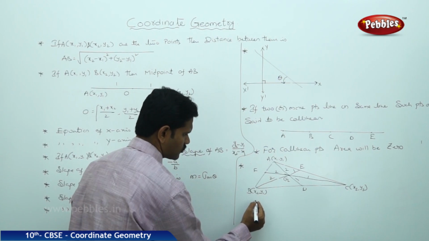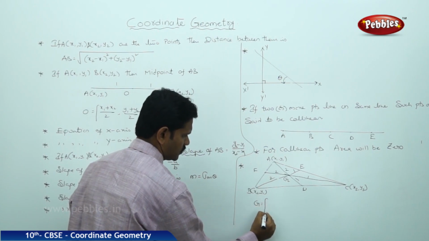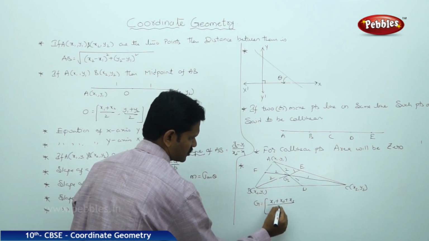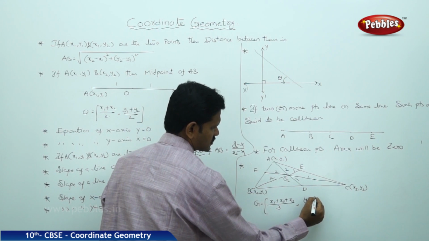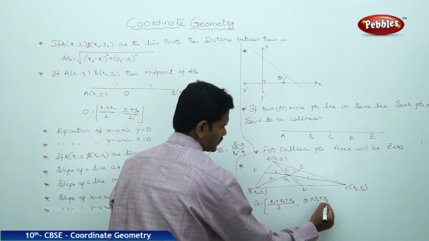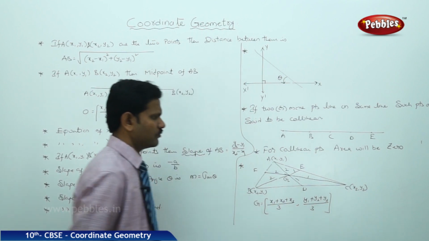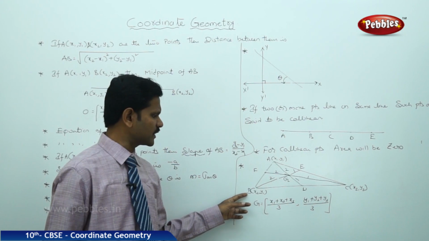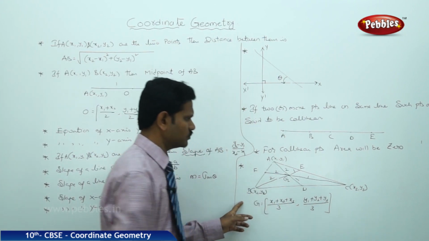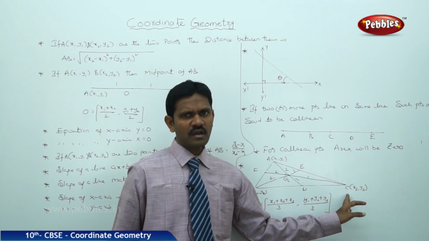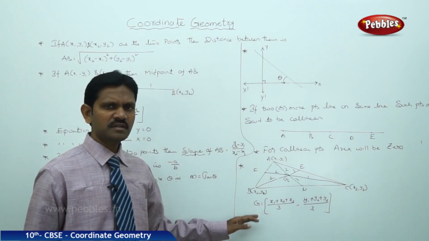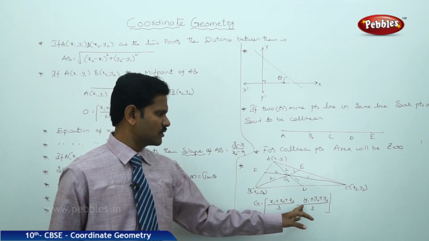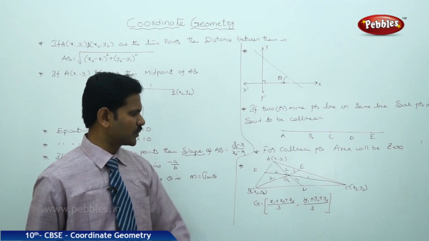Therefore, the centroid formula: G = ((x1 + x2 + x3)/3, (y1 + y2 + y3)/3), where A(x1, y1), B(x2, y2), C(x3, y3) are the vertices of the triangle.